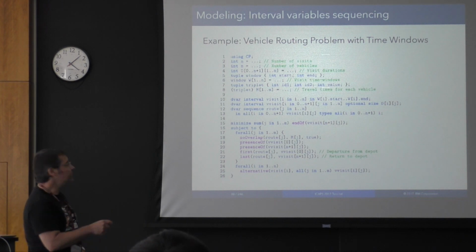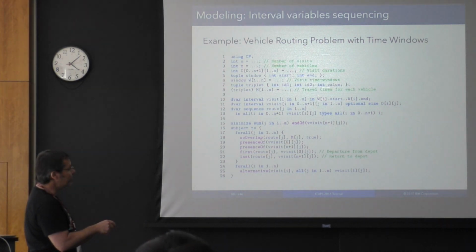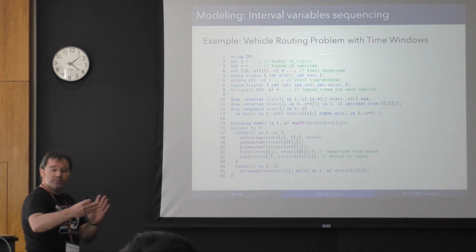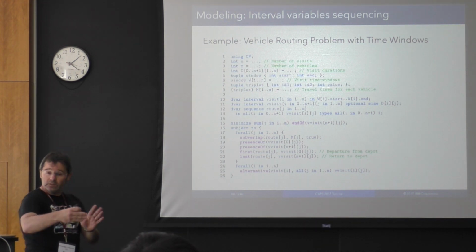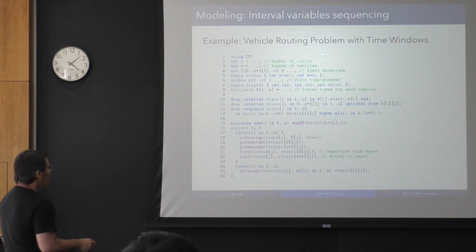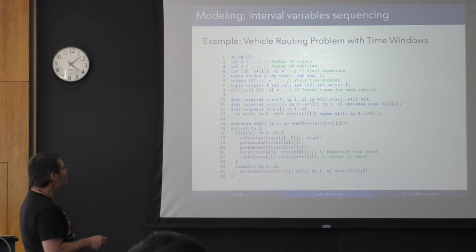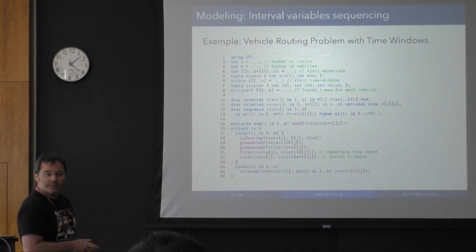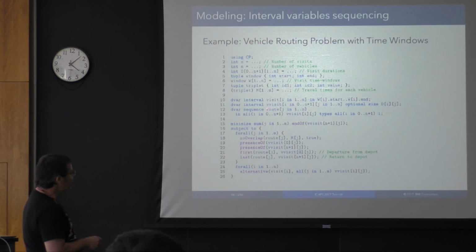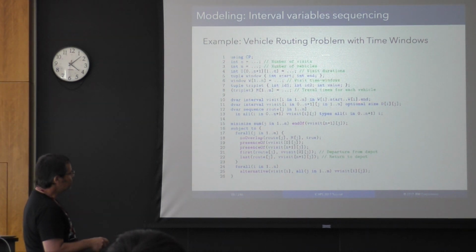It's VRP with time windows, so you have a time window for the visit. This is in the domain of the interval. Each visit is constrained to be within a time window, and then we have an optional interval variable for each visit on a given vehicle. This vehicle visit, called V visit, is an optional interval.